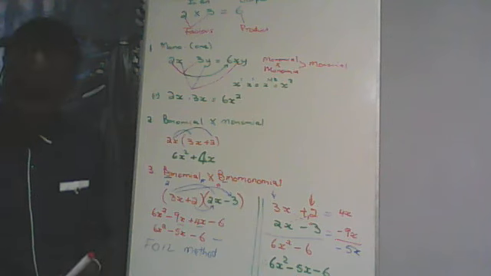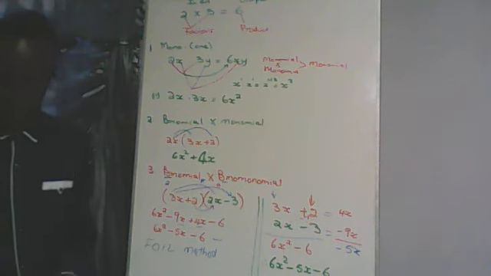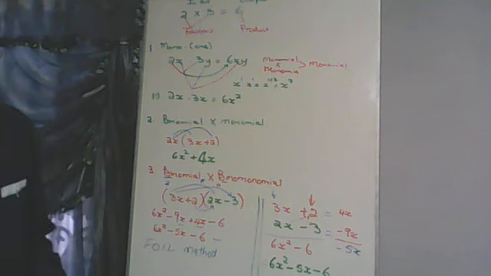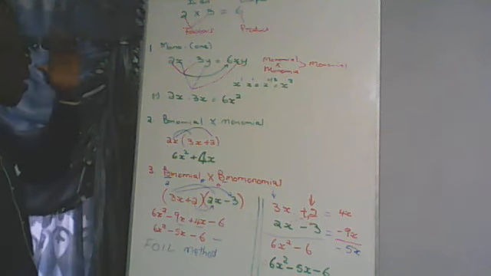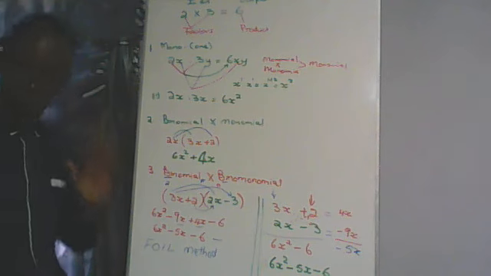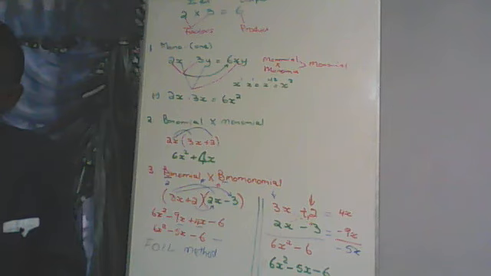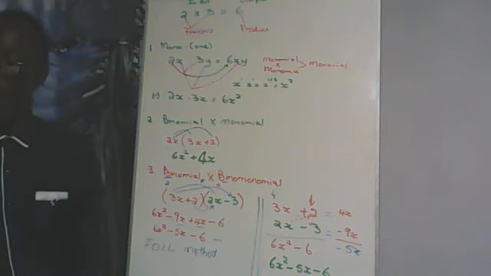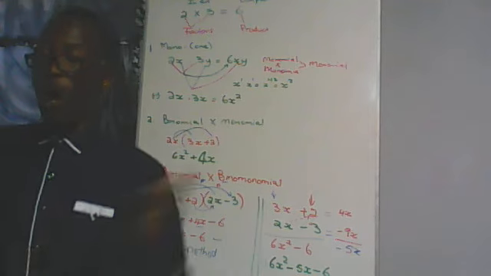So, let us just recap what we did. When you multiply a monomial by a monomial, what do you get? You get a monomial.